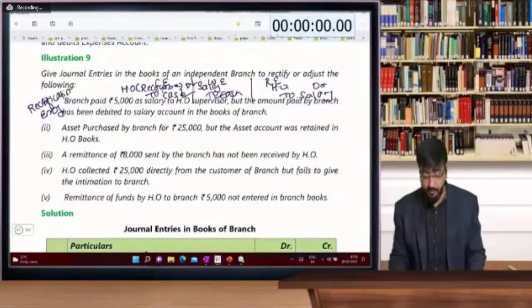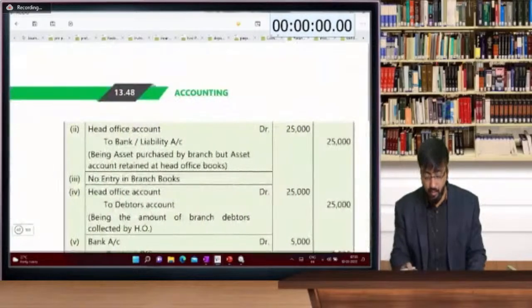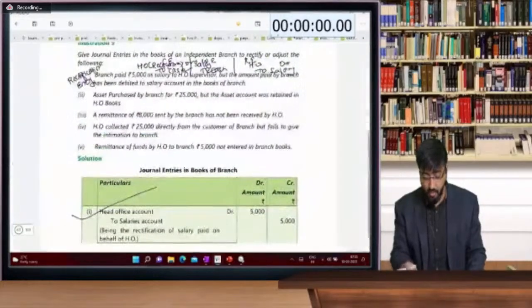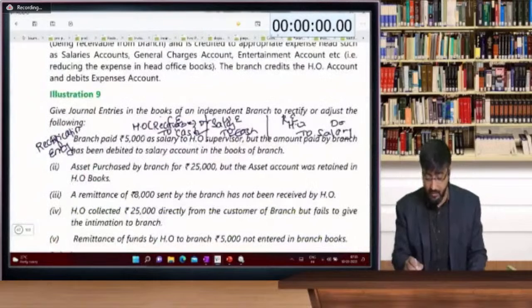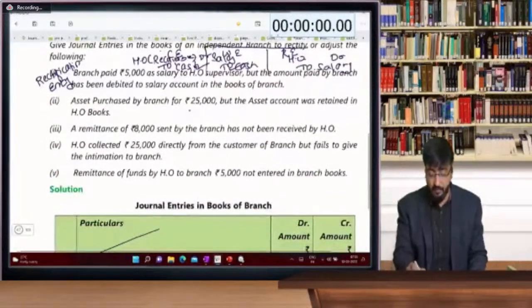Second one: asset purchased by branch, but the asset account was written in the head office book. They ask you what entry the branch will pass.